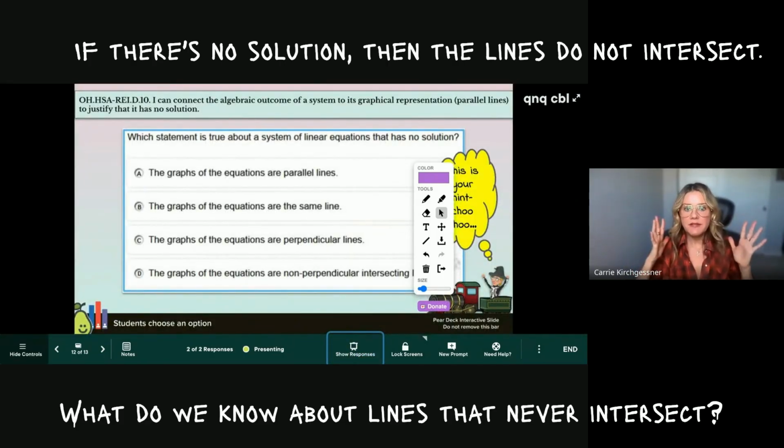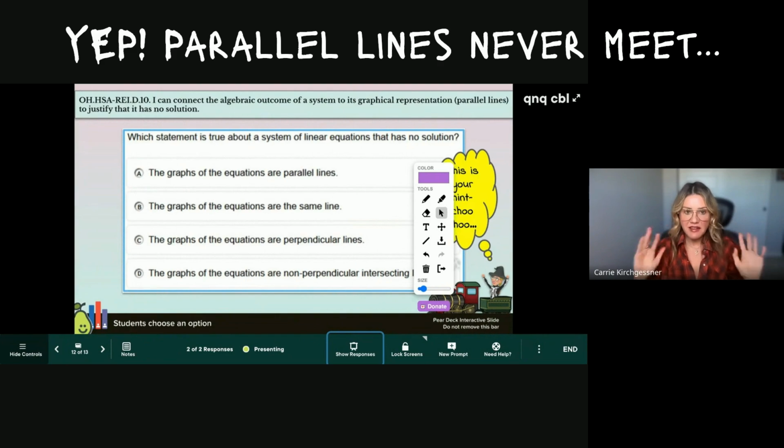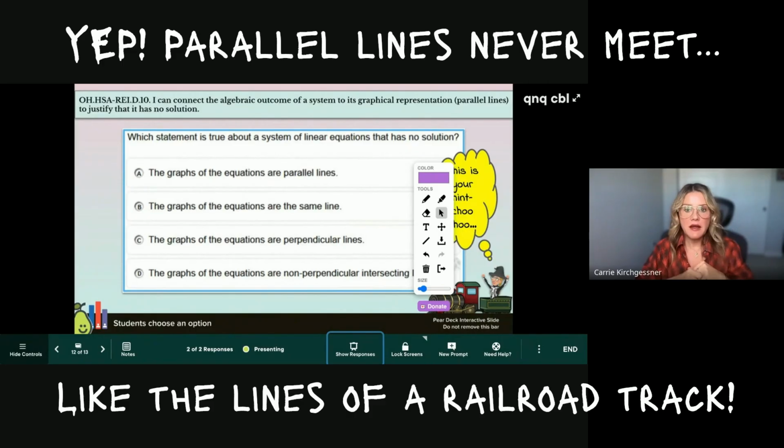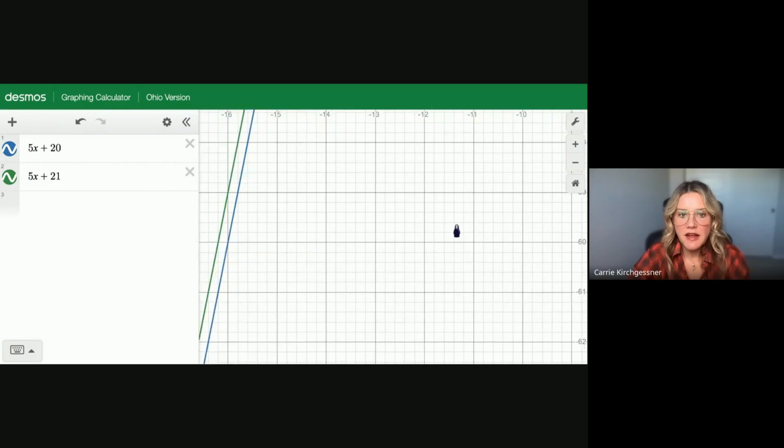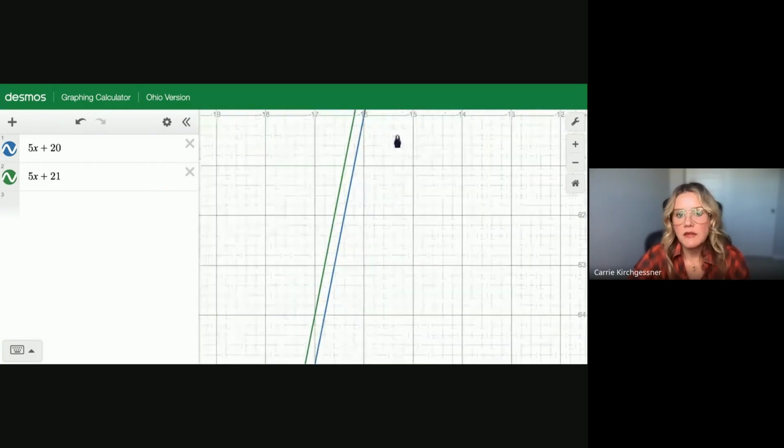If you have graphical representations of a system of linear equations that does not have a solution, that means that they're parallel lines, right? So they must look like, here, let me make these lines parallel. Use the plus sign to zoom in. So there's 5x plus 21.